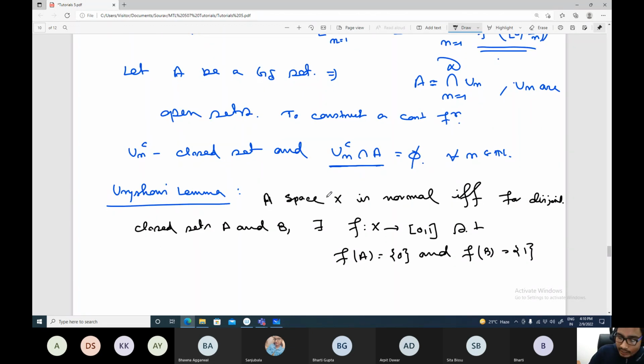Now we have a normal space X. Is it an if and only if condition? Let me check.